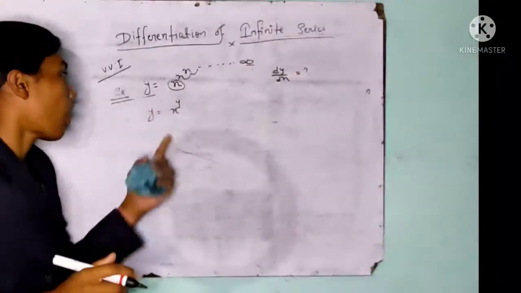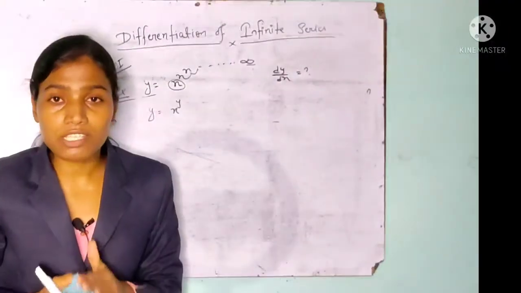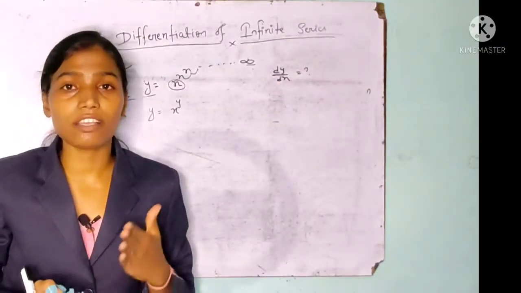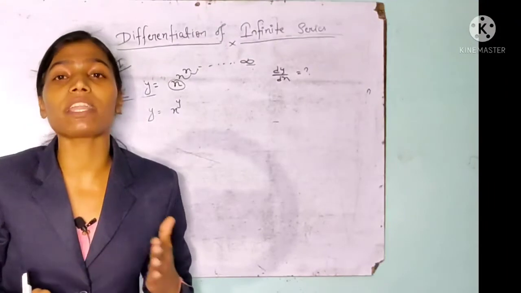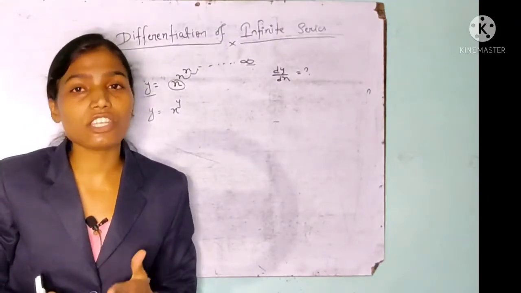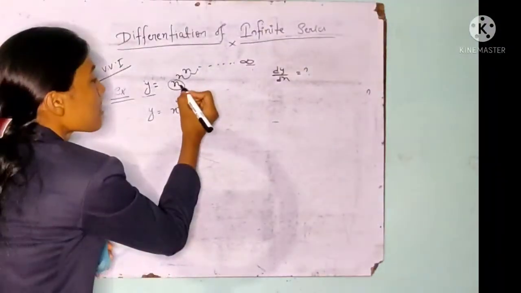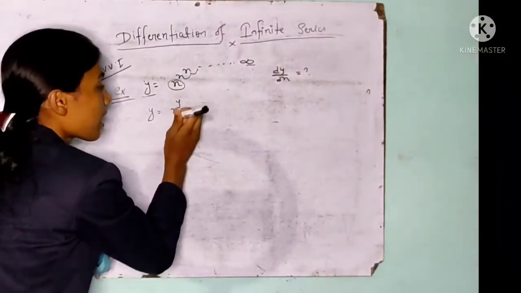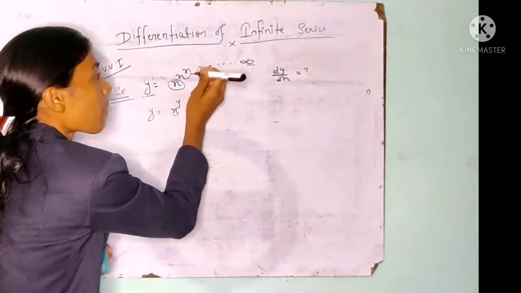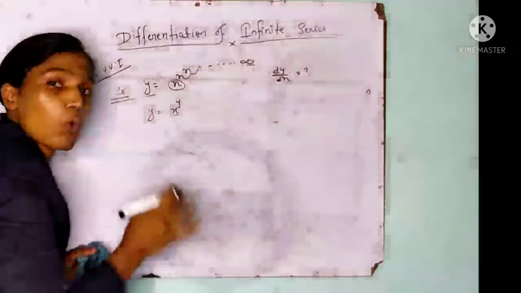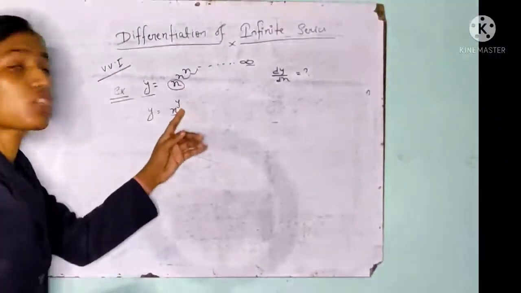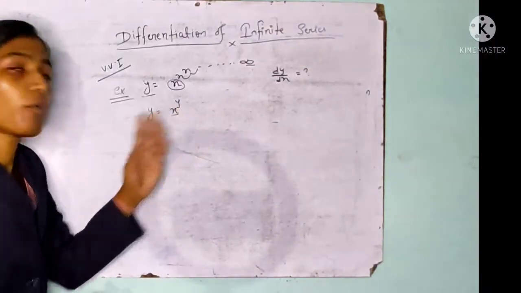Already I told you the concept: if you take out a single term from an infinite series, the series should be unaffected. So we take out one single term, x, and the remaining x^x^x and so on is equal to y. I hope you can understand.